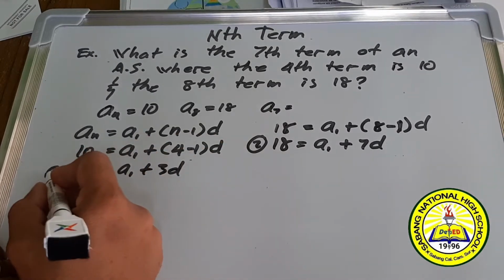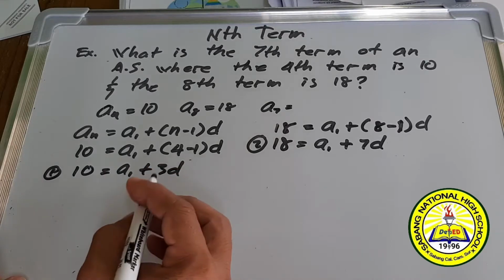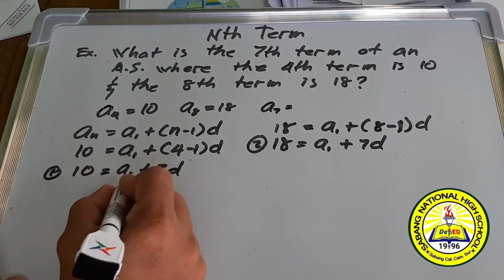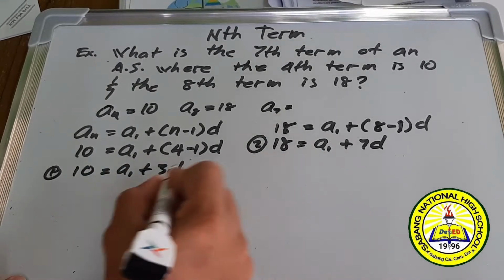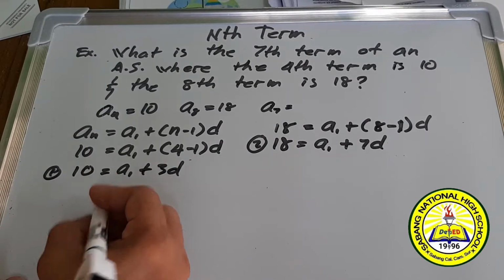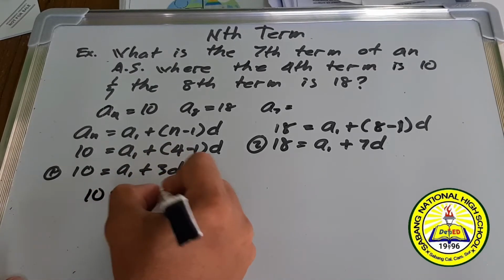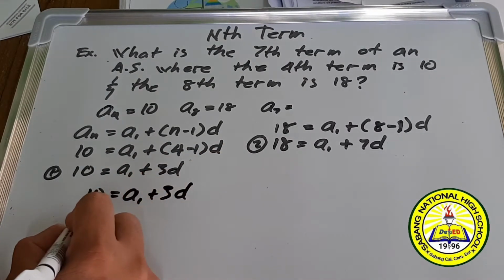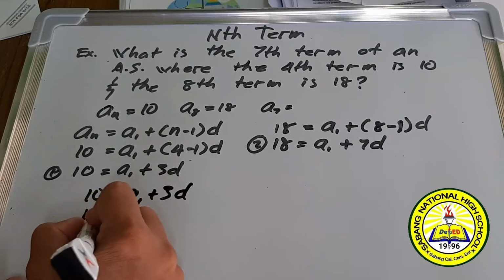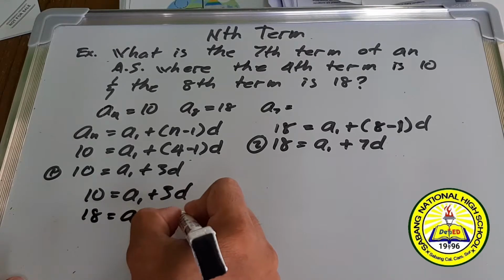Since we now have two equations, we can just use elimination in the two equations. We both have a sub 1 and we both have terms for d. Okay, so in equation 1, we have 10 is equal to a sub 1 plus 3d. In equation 2, we have 18 equals a sub 1 plus 7d.